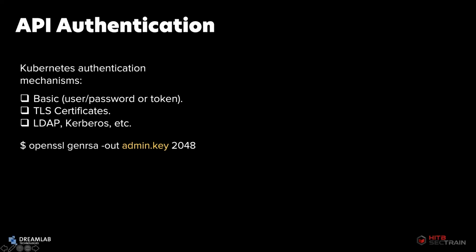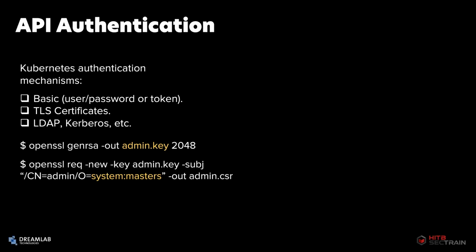The first one is to create a key for our user. For example, an admin user that wants to remotely connect to a Kubernetes cluster. So with this command, we generate a key for the administrator. Then we need to generate the certificate signing request. And here is something very important, which is to specify in the organization of the subject the group for this user.